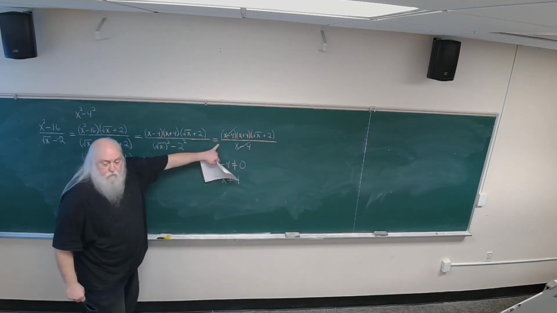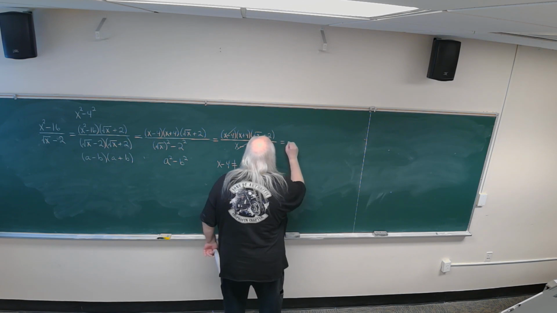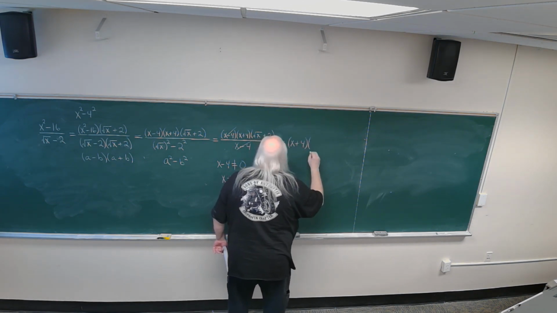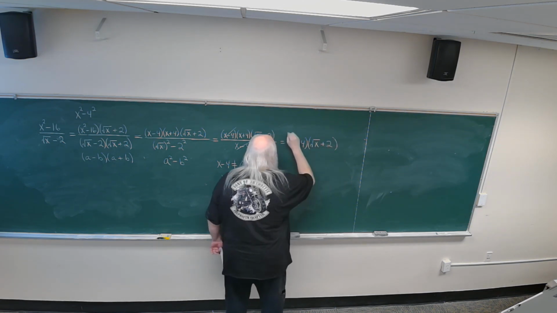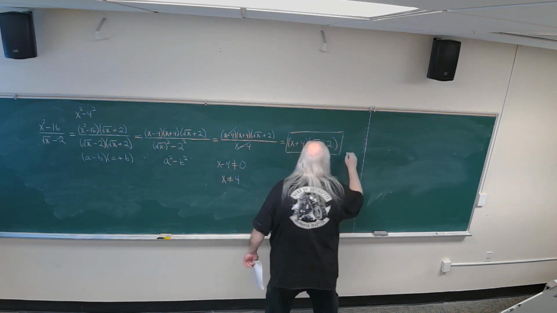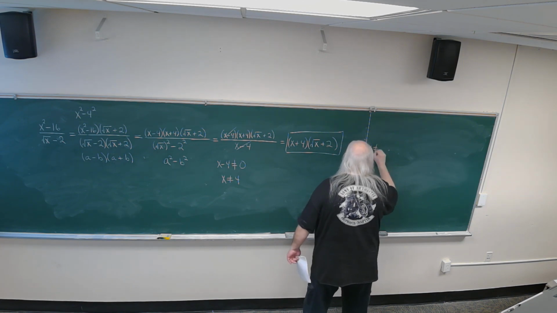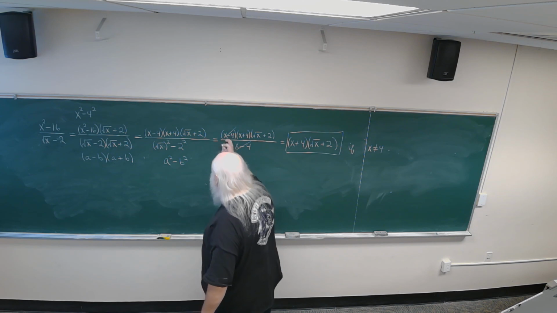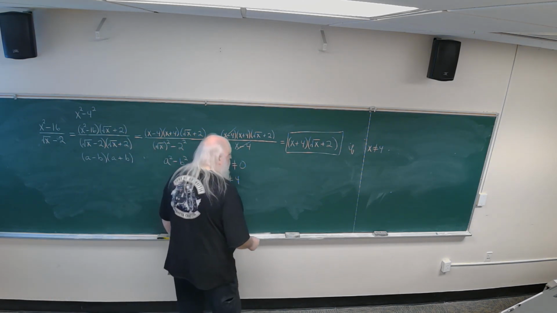So this quotient simplifies to x plus 4 times the square root of x plus 2, under the condition that x doesn't equal 4. You can only cancel those two factors if x doesn't equal 4.